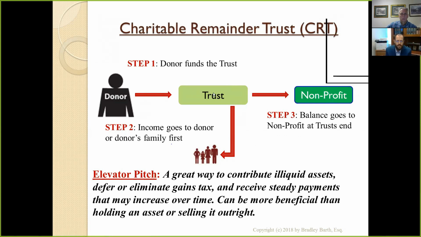You create the trust, and then number one, the donor funds the trust. You take the highly appreciated asset, you put it in the trust. Because it's a charitable trust, now you get an income tax deduction. So you get a present income tax deduction, which goes back to our opening comments: the nature, who the charity is, the type of asset going in, your adjusted gross income, and how long it goes out for.